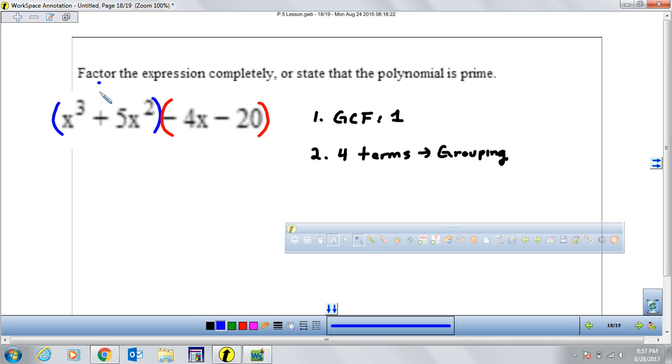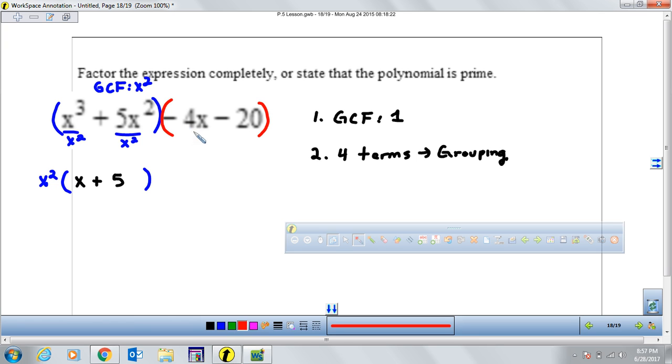From the first group, we can factor a 1 from the 1 and the 5, and also two x's. So it's 1x squared, which is just x squared. So we're going to take out that x squared, and what we got to do is we need to divide both of these terms by that x squared. And if I divide them by x squared, we're going to be left with x plus 5.